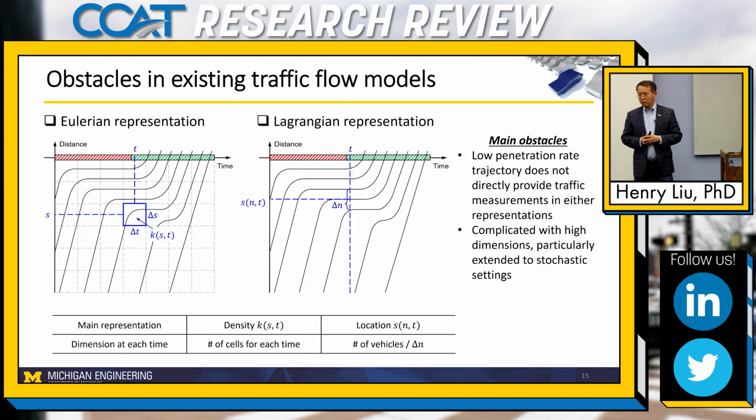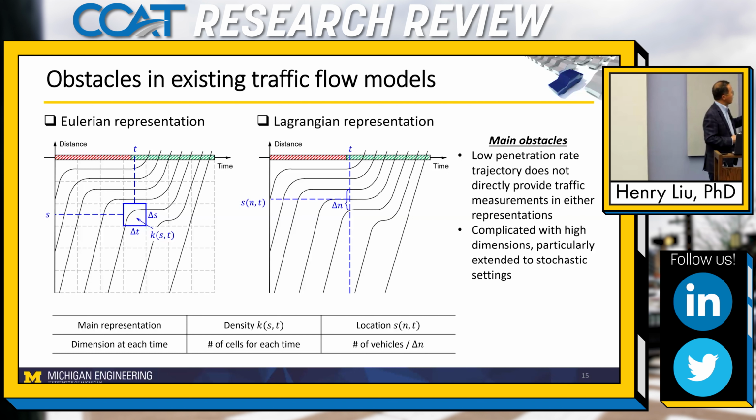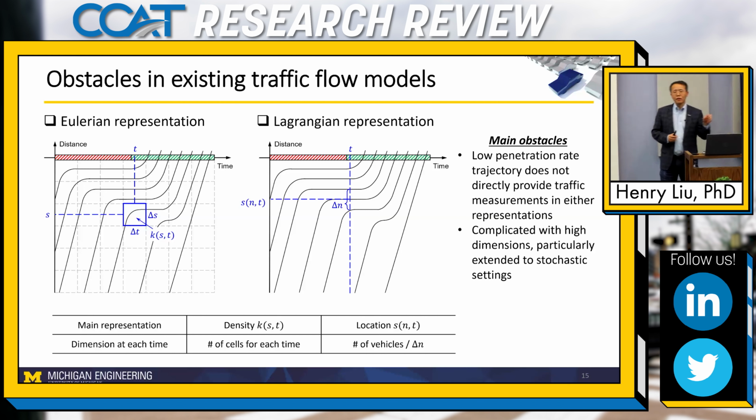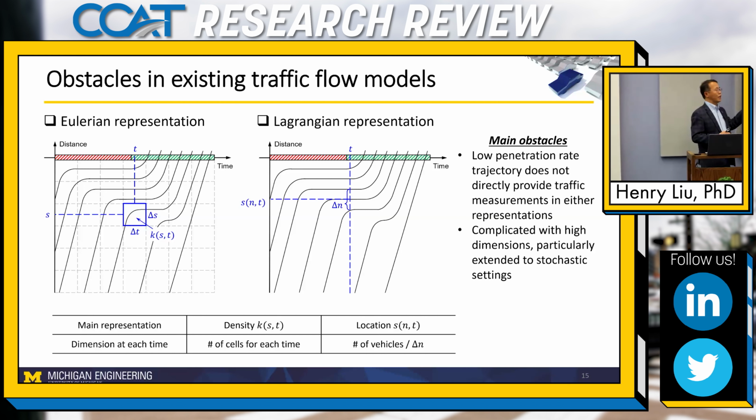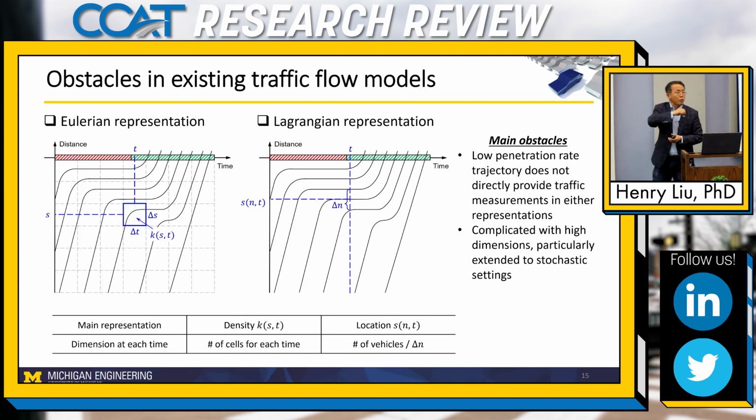Then we looked at the traditional traffic flow models, regardless of whether it's the Eulerian coordinate or Lagrangian coordinate. The so-called Eulerian coordinate is basically location specific, so you have X, you have Y, and locations. The Lagrangian coordinate is a moving coordinate, so it moves along with vehicle trajectories.